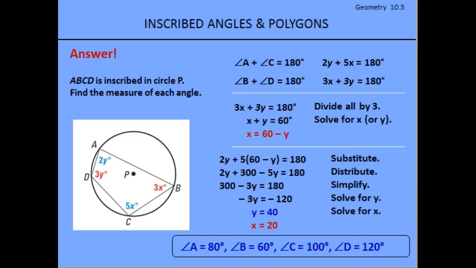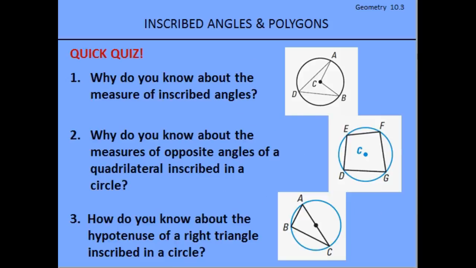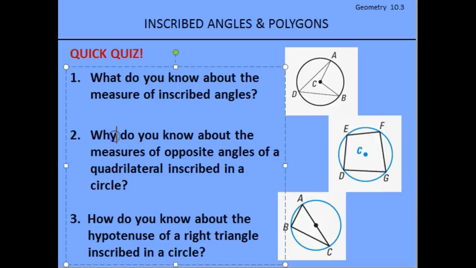Let's move along. Aha, we're at the quick quiz. So that was the last of the examples. So here's the quick quiz. Number 1. Whoops, looks like a typo there. Let me just fix that. What do you know about the measure of inscribed angles? My gosh, they're all typos.